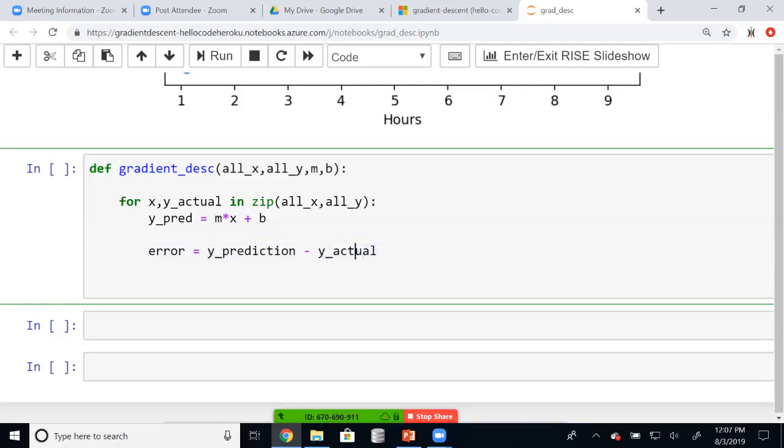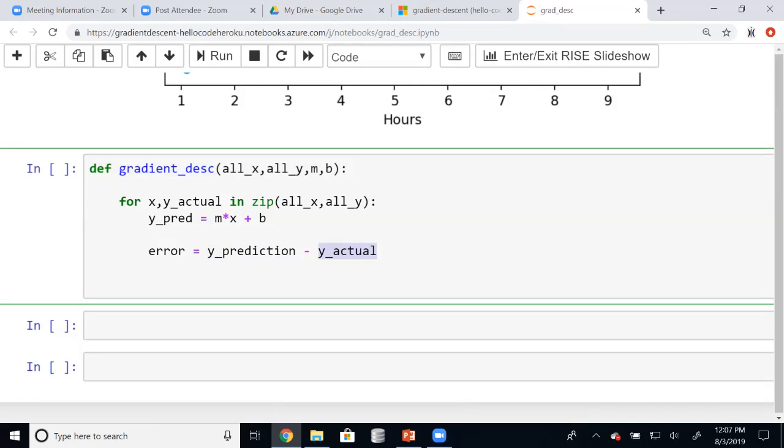Whether you use actual minus predicted or predicted minus actual, or no, you want to just do a mod of it, no, we need to be consistent overall. And there is a reason why we can't do mod over there.